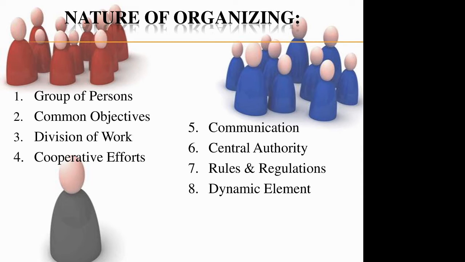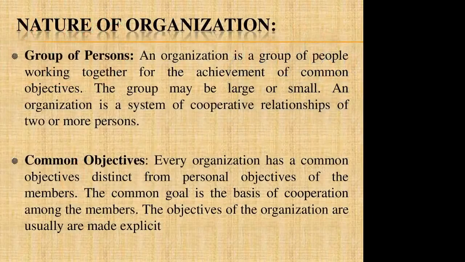You should know the difference here. Normally in an organization, the first nature is that there will be a group of persons, then they talk about the common objectives they are going to work for, and then division of work. We will see these in the coming slides.